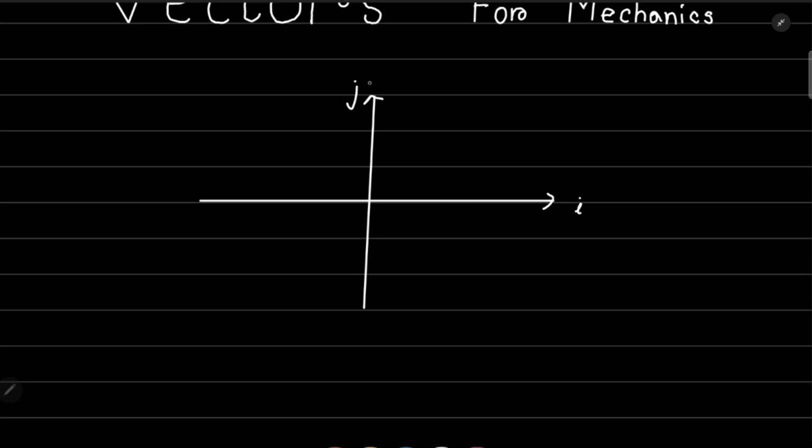In the case of navigation, the j axis can be considered to be north and the i axis is considered to be east. The minus i axis is the direction west and minus j is south. So the vector we just saw, 5 right and 2 up, will basically be the vector 5i plus 2j.